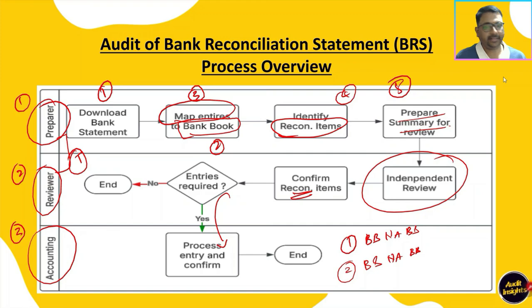So there can be various reconciliation items, like a check has been issued but not yet presented, or a check deposited but not yet credited. Other than these two, the third kind of item that might come are the charges, the bank charges, interest, etc., which would not have been accounted in the bank book.